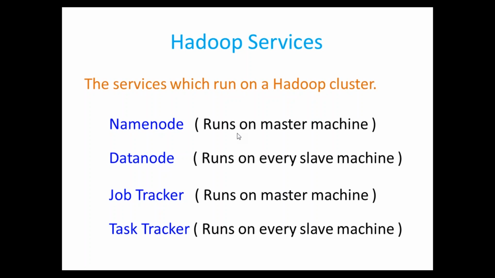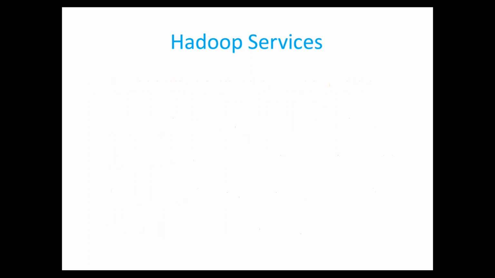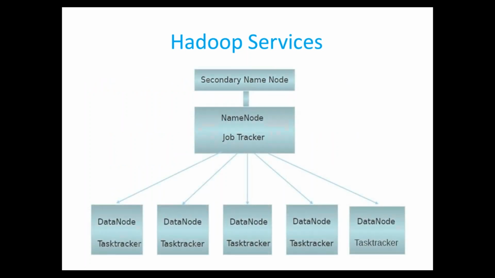So these services running on master and slave machines are taking care of your storage and processing part. Name node along with all the data node services are taking care of the storage part of Hadoop. And similarly, job tracker service along with all the task tracker services is taking care of the processing part of Hadoop.